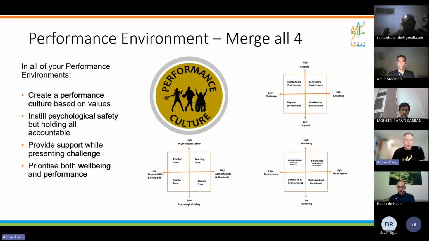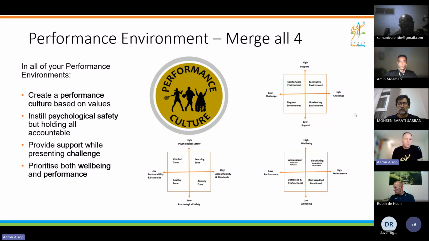The other piece is building resilience. How do we build resilience where we create high levels of challenge, but we also support? As coaches, if we're able to challenge you to be really successful, but also provide the support you need to be successful, that creates what we call a facilitative environment. That enables you to produce resilience within your environment where people can perform.